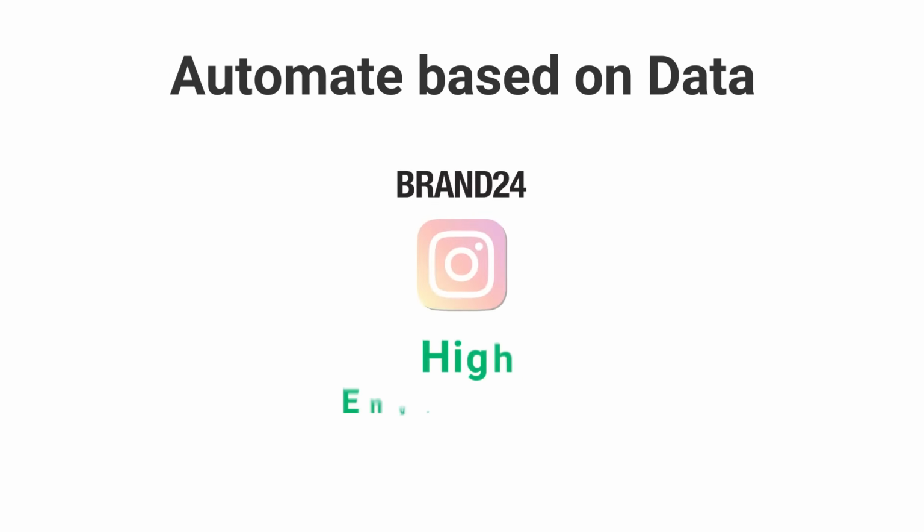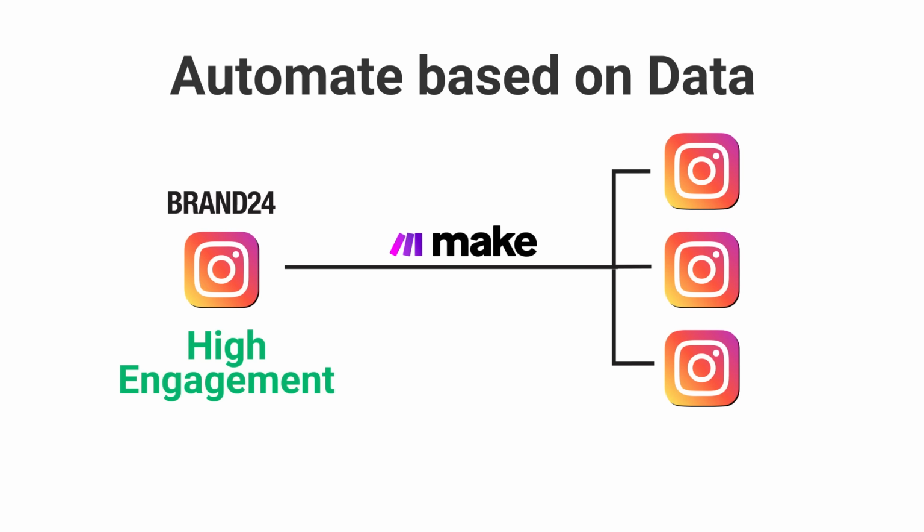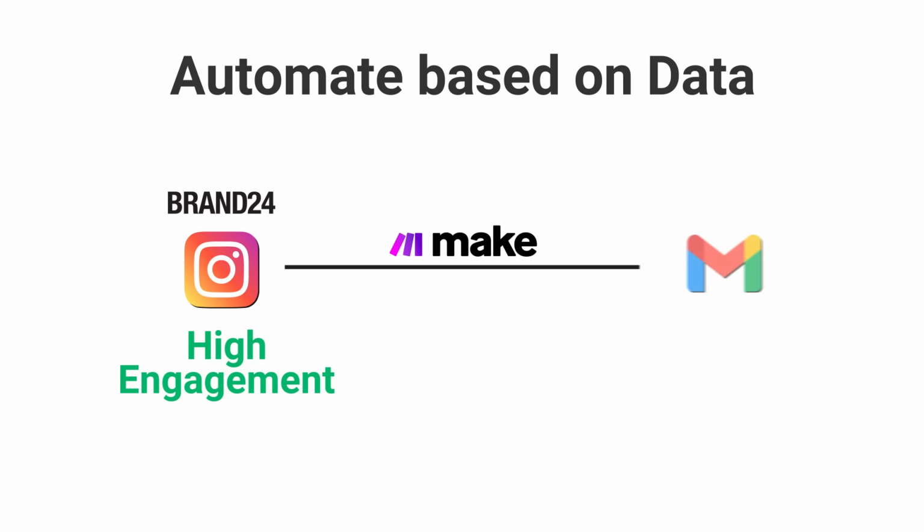Let's say that Brand24 detects high engagement on a post. You can then plan to automate several posts from Make.com or trigger follow-up emails to people who engaged. This way, you're not just reacting, you're building campaigns that are tailored to what your audience has already shown they love, all while making the process as hands-off as possible.